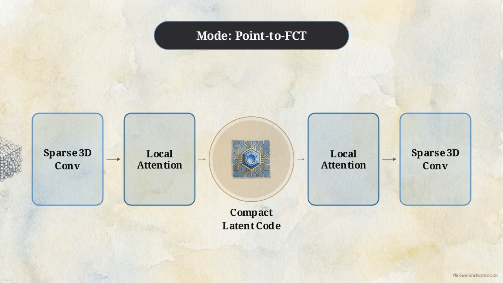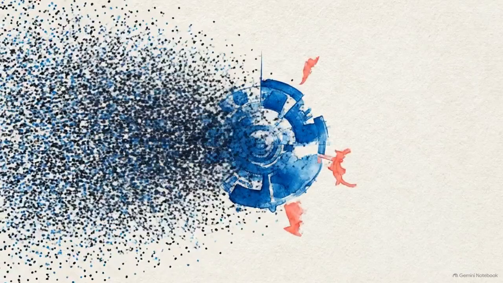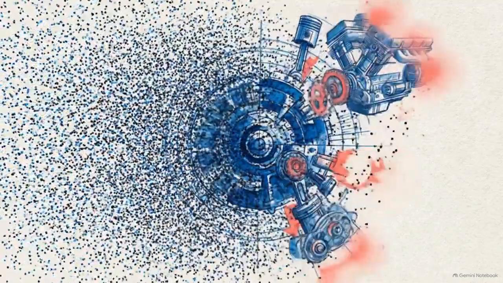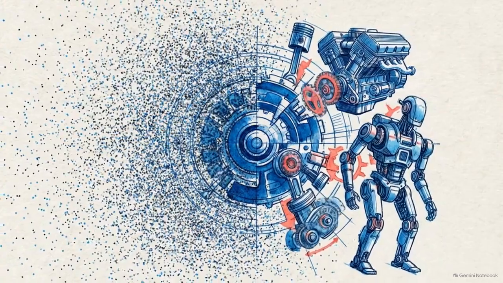In point-to-FCT mode, local attention layers ingest unstructured, chaotic point clouds. The network aggregates these sparse point features into explicit voxels and outputs the highly structured FCT format. This dual mode bridges the gap between raw data and structured representation. Generative models can train on massive, unstructured datasets, natively outputting machine learning-ready contour representations to transform the entire industry.